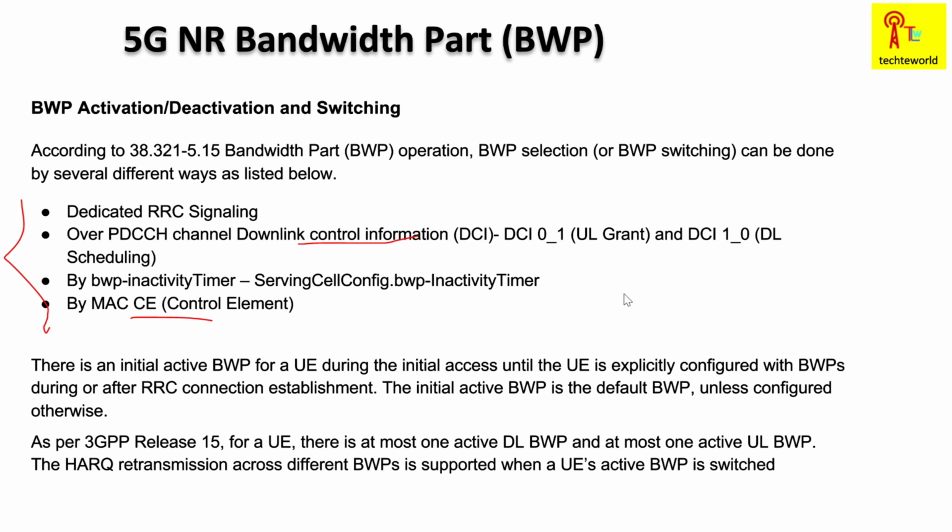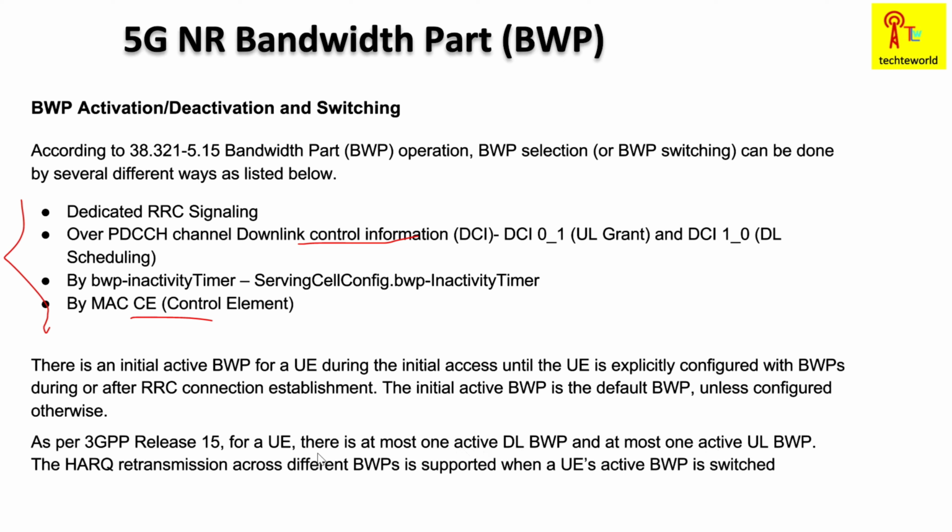This is a very important point: no matter what, if all other bandwidth parts which were configured later get switched off, or deactivated, then this initial active or default bandwidth part, which got configured after the RRC connection establishment, will always come into play. And as per 3GPP Release 15, for a UE there should be at most one active downlink bandwidth part and one active UL bandwidth part.